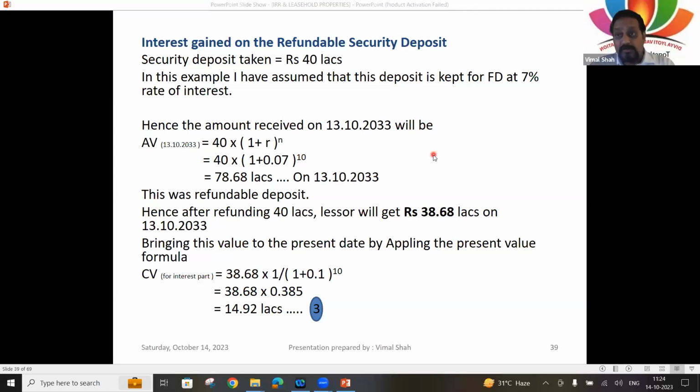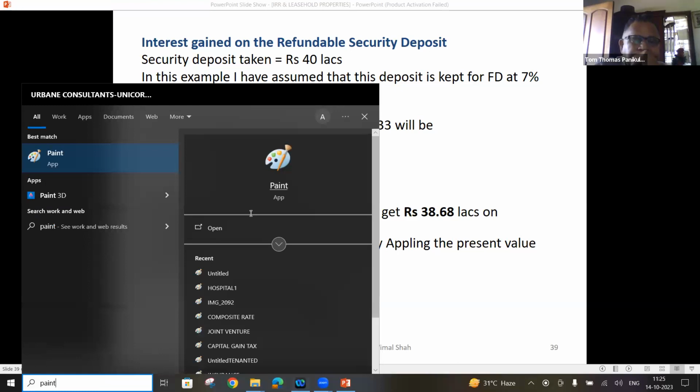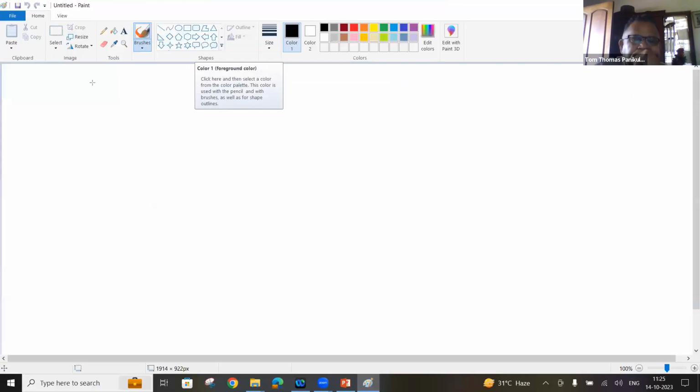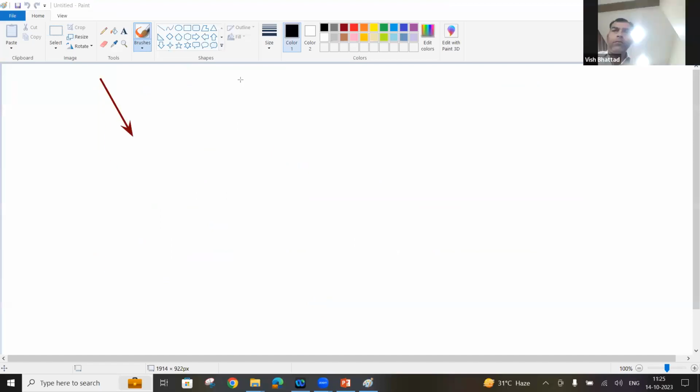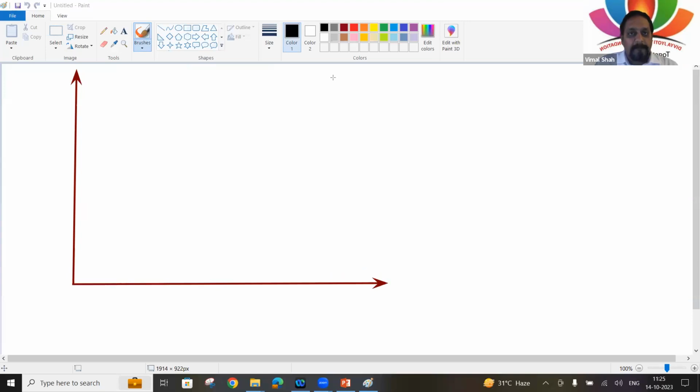No, I am not using that same formula, sir. I am using a time series graph. What will I do? I will make a graph. I will plot a graph of year versus rate.